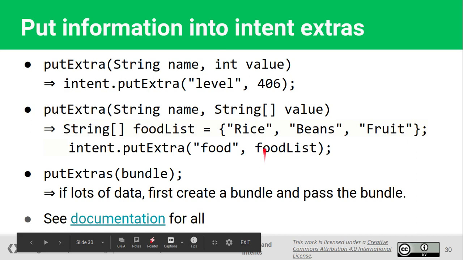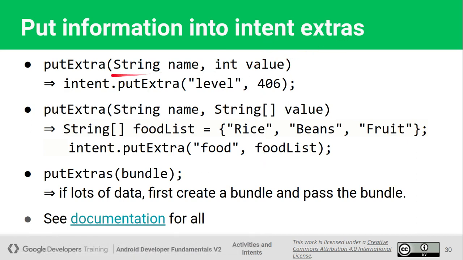Now, put information into extras. The second type is that we add information using extras. An extra is the combination of a key and a value. The key is nothing more than a string, and it should be a unique value. We give a unique value to a key, and as the second argument we pass a value.